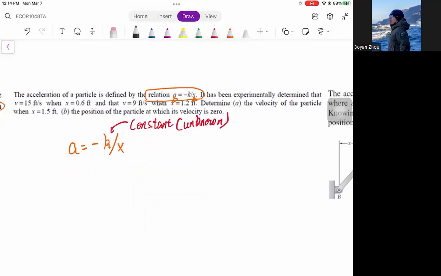And the x here is a variable, it's just the displacement, and the acceleration is a.